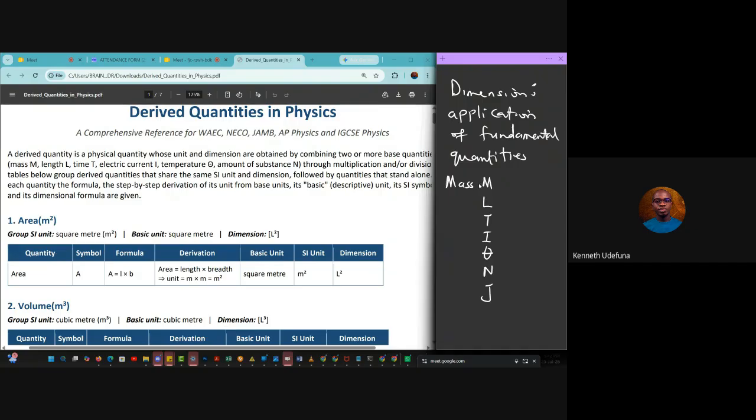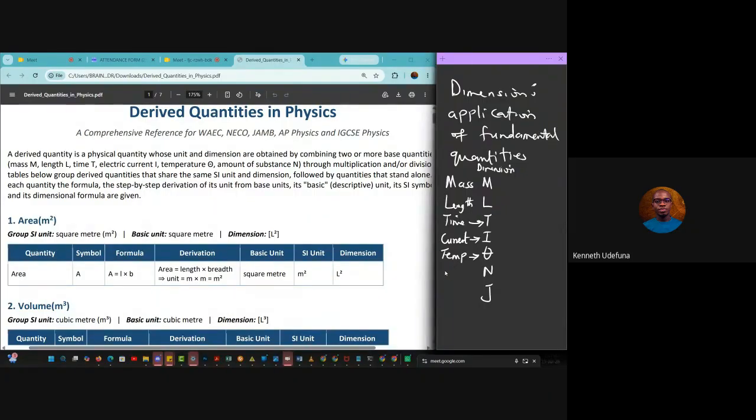Now, I will explain before someone says they are confused. This is mass, this is dimension. The dimension of mass is capital M. The dimension of length is capital L. The dimension of time is capital T. The dimension of current is capital I. The dimension of temperature is theta.